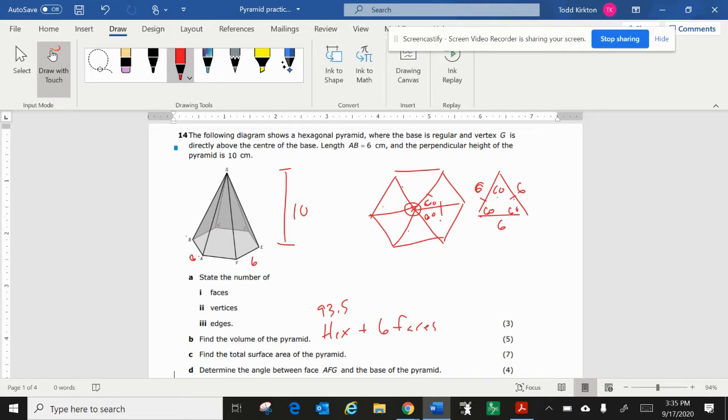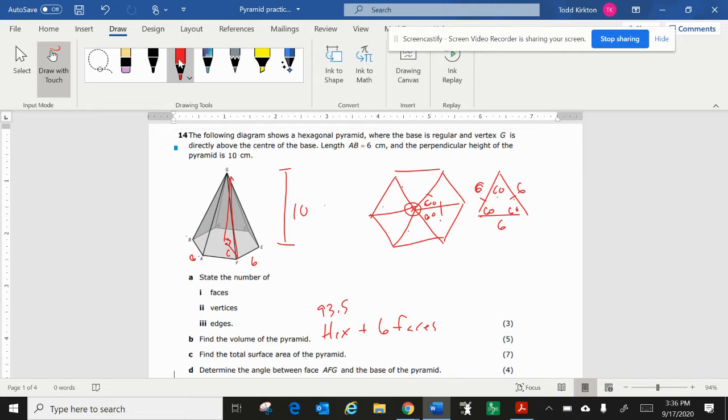I know that. I can find some parts of this triangle by making a right triangle with this middle little radius looking thing there. Because I know that bottom is 6, and I know the height is 10.